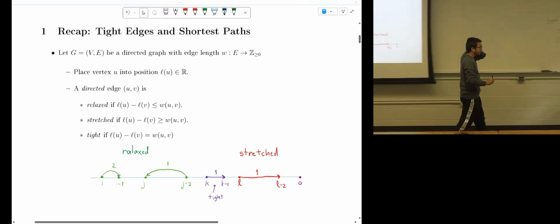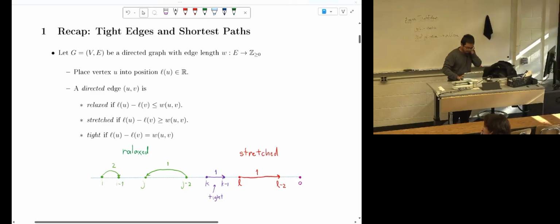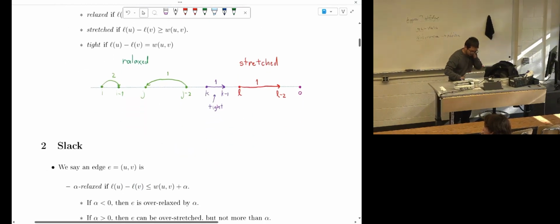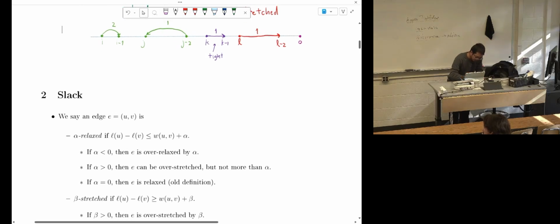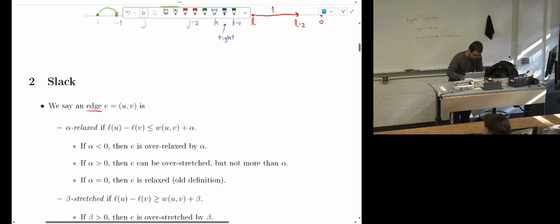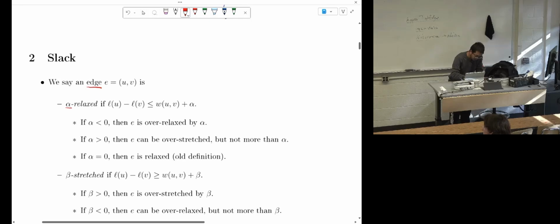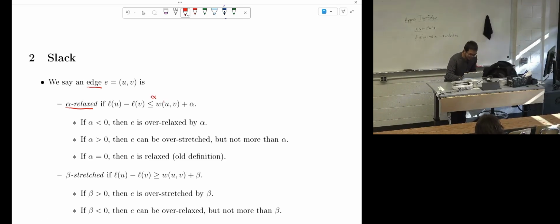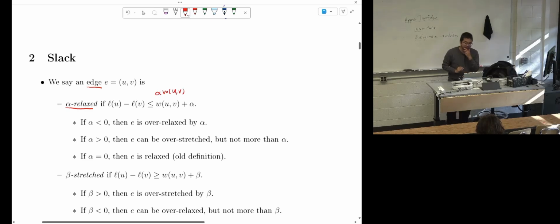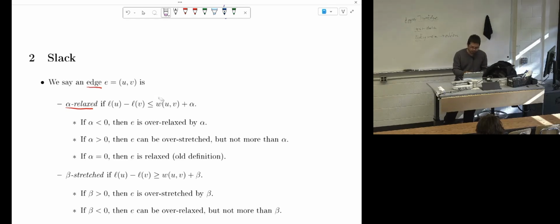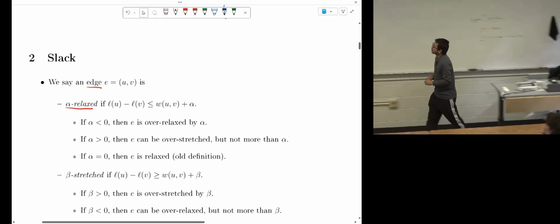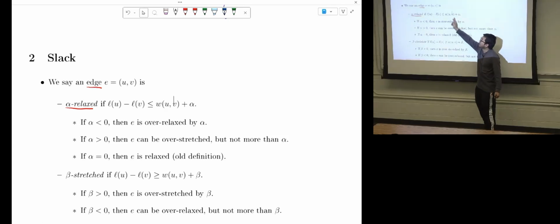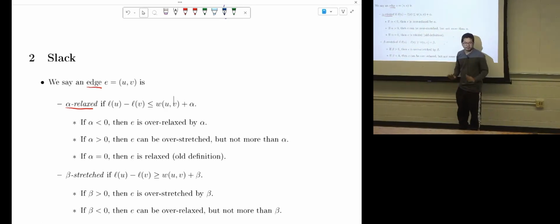Now I will say that an H is alpha relaxed if the following is true. In class I used to write alpha relaxed if this is less than alpha times the weight, but now we're going to change it to plus alpha instead of times alpha. Just a simple change.